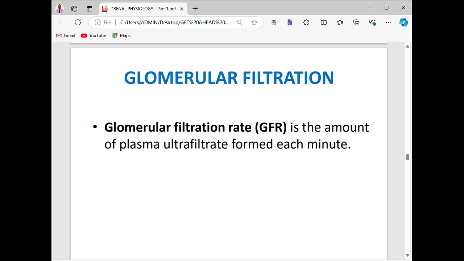Then we have a formula that you can use to calculate glomerular filtration rate.